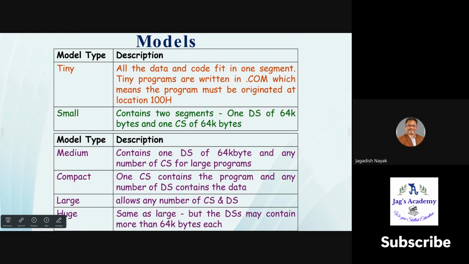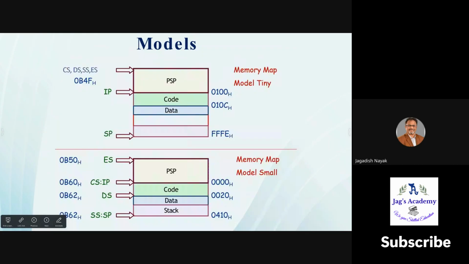This huge model is for different versions of the microprocessor. In your lab, since you are using very small programs, even the tiny model is good for you, but you can use .model small. If your program size and data size are big, more than 64 KB, then you may have to go for medium, compact, or large model. From a knowledge point of view, you are supposed to know this.